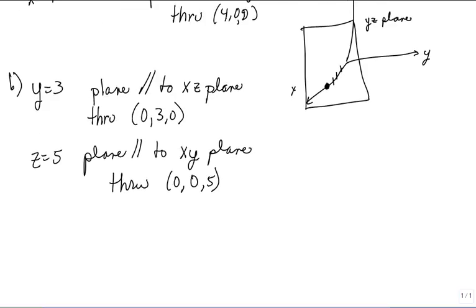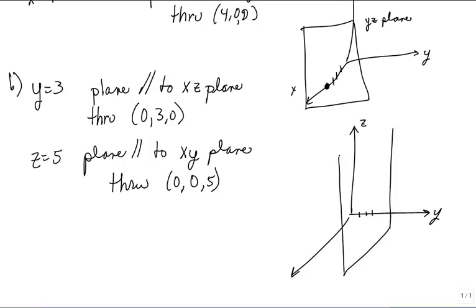Okay, so this is going to be kind of hard to draw, but let's see if you can see it. Y equal 3, 1, 2, 3, and it's going to be parallel through this plane, and z equal 5 is going to be like that.